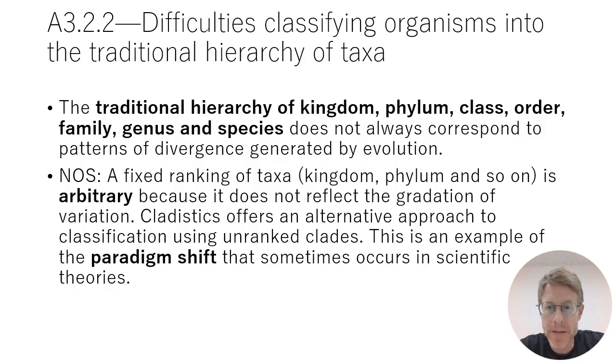However, the way we've classified things based on their appearance is somewhat arbitrary. We'll talk about that in a little more detail in a minute. And so we're shifting to an approach based on evolutionary relationships. This shift is, you could call it, a paradigm shift. So if you're looking for examples of paradigm shifts for TOK, this is one.